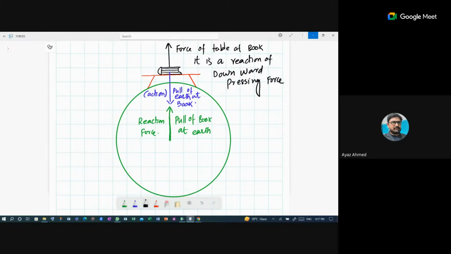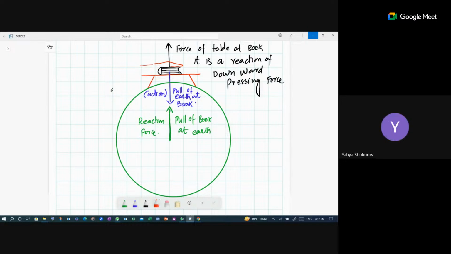But now there is a student who wants to apply some force. He places his hand on the book and presses the book downward. Does he increase the weight of the book? No. But what will the table do then?